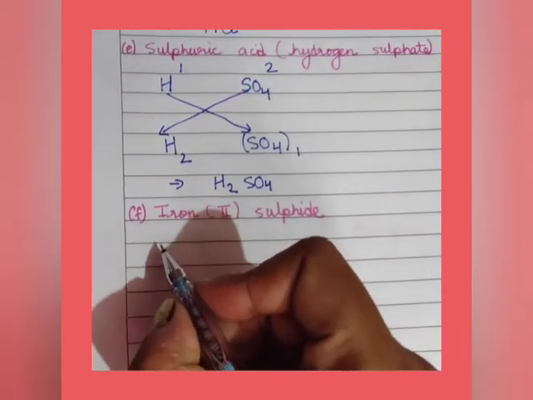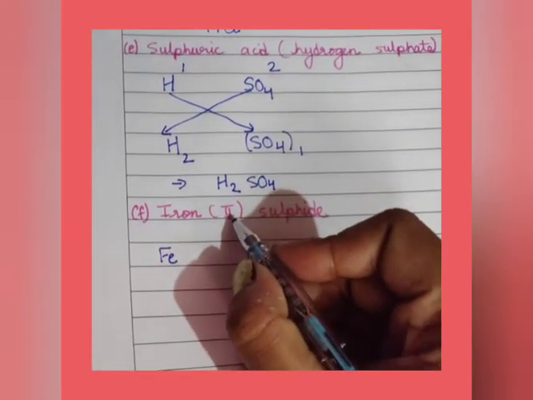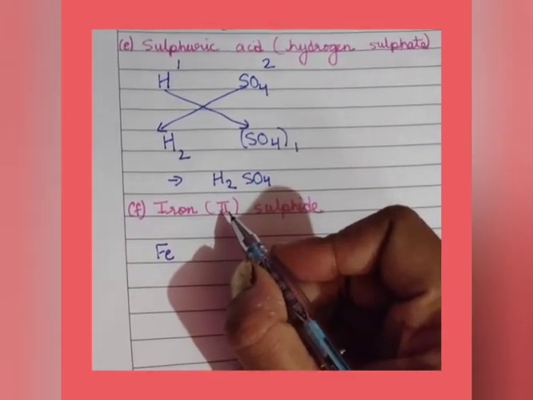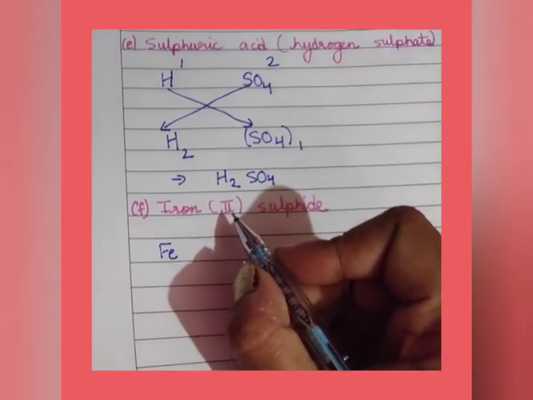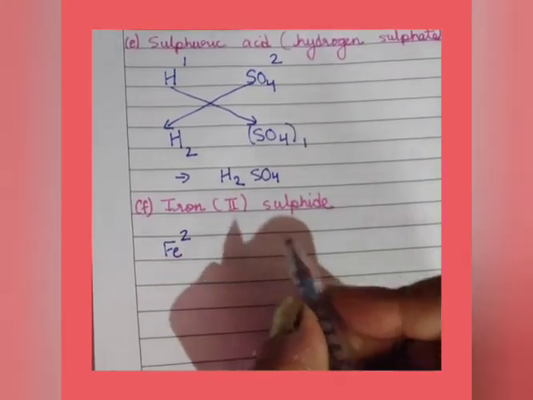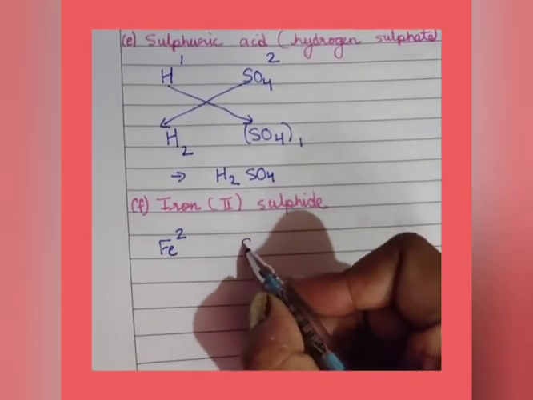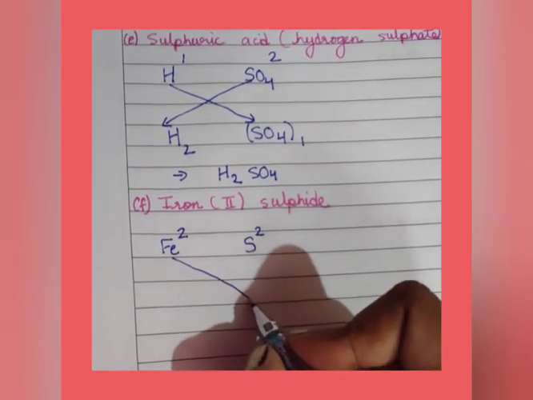Okay. Next comes iron 2 sulfide. So iron, what is the valency out here? Roman 2. Why? Because iron has two variable valencies, 2 and 3. The lower valency is 2. Then sulfide. Sulfide means sulfur in the combined state, whose valency is also 2. Now what will they do?